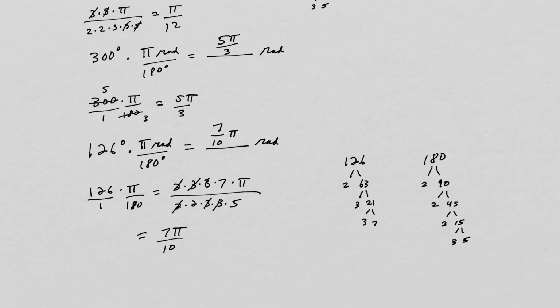Okay, so really that's all you're doing for converting from degrees to radians or radians to degrees. You're just multiplying by the correct unit conversion factor, either pi radians over 180 degrees or 180 degrees over pi radians. Okay, one last topic here.